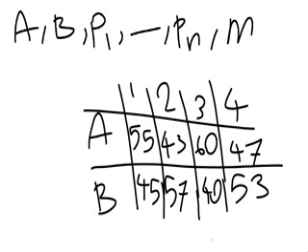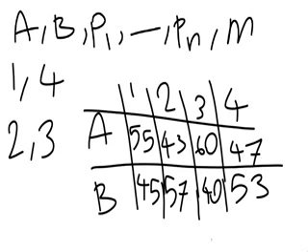Now, if we put persons 1 and 4 together in one group and persons 2 and 3 together in the other group, what will happen? In the first group, we are going to have 102 votes for party A, and in the second group, we are going to have 103 votes for party A. So party A has been able to achieve the majority in both of these groups.